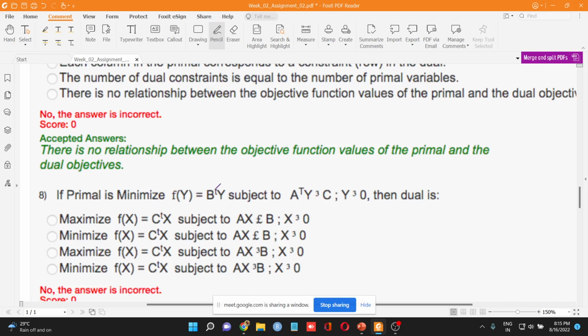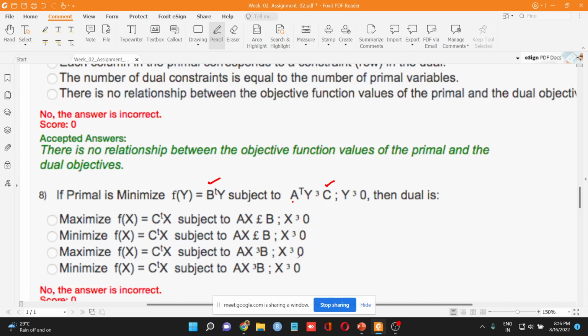The function has the cost coefficients b. These primal cost coefficients become the RHS constants in the dual. And the RHS constants would be the cost coefficients in the dual, and here it is A transpose. So coming to the dual, it would be the transposed form.